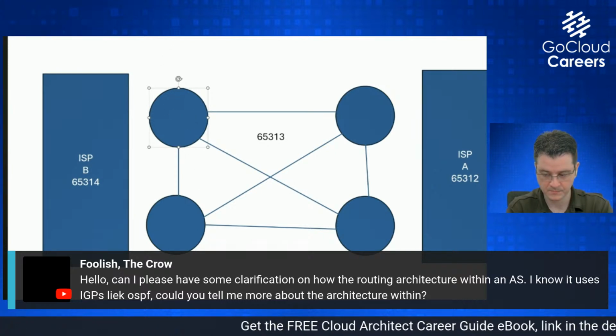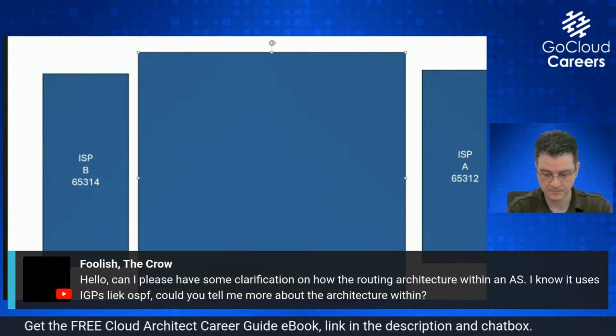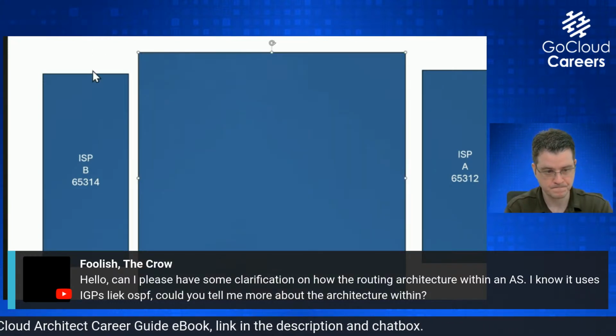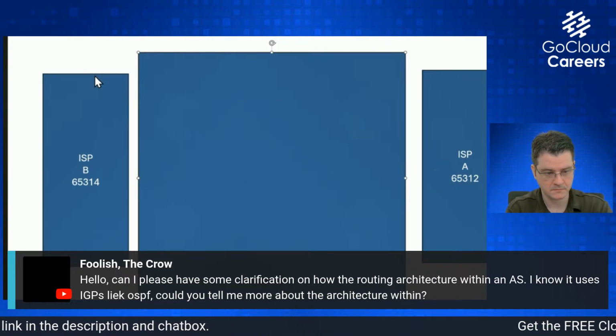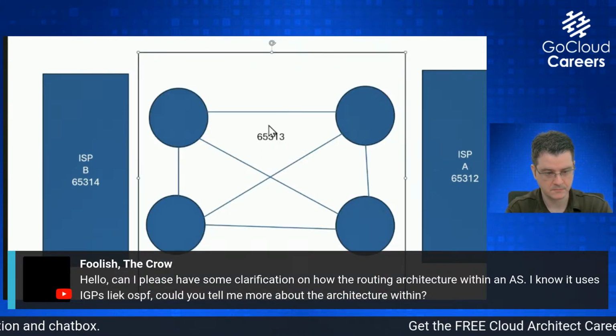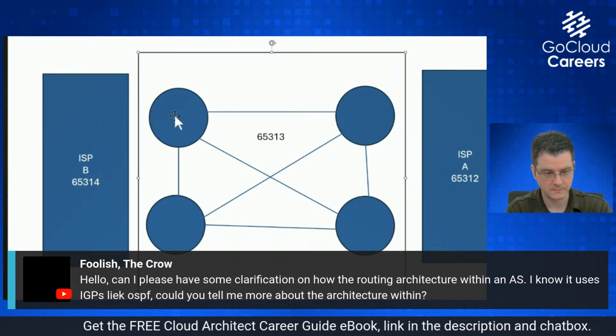So everything inside of your domain, and I think you picked up on something very good, everything inside of your domain is inside your interior gateway protocol. Hold on, bear with me. So it is inside of here. Now, the thing with OSPF is it is very indiscriminate in how it sends routes.